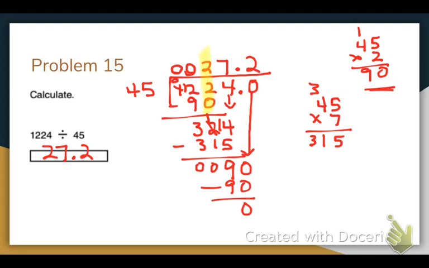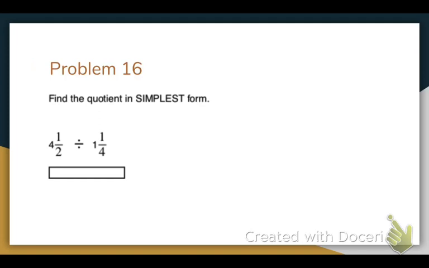Okay, and problem 16. Find the quotient in simplest form. Alright, division. Well, I know when we divide, we really don't divide, we multiply. But we have to get a fraction divided by a fraction first. So I'm going to rock ma around the clock and slide.